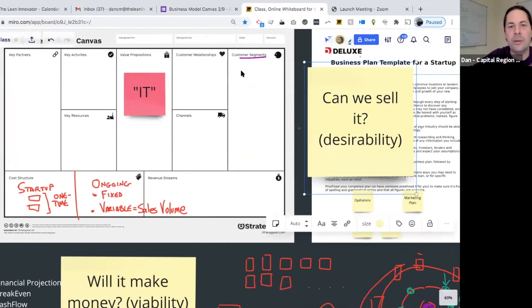How do I know what I can charge people? Well, first of all, I know who my customer segments are, and I know what their price point sensitivity is based on the conversation that I've already had with them. And if I have a transactional relationship, then there are certain revenue streams that I can employ.